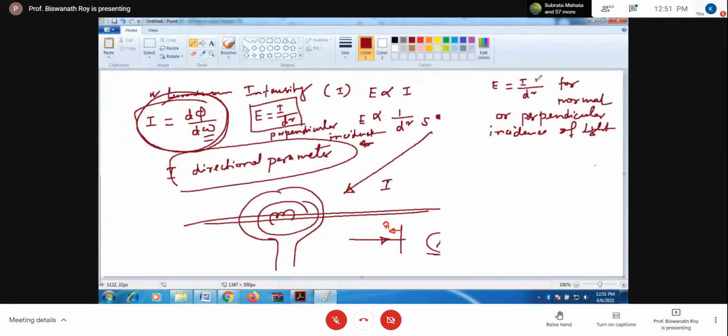Why do I need this? Because I have one lux meter, and with the lux meter, I can get the value of E.